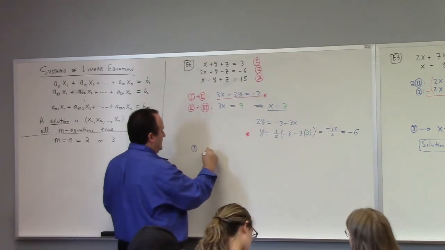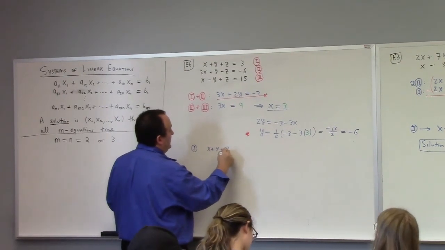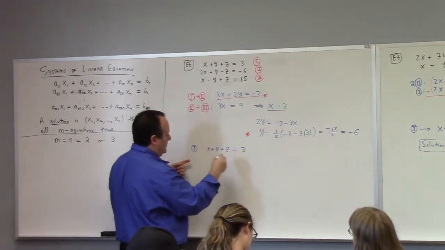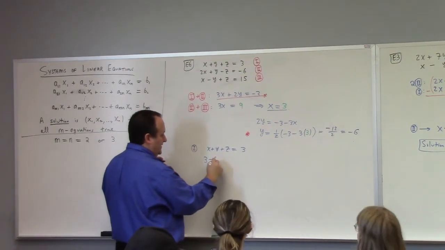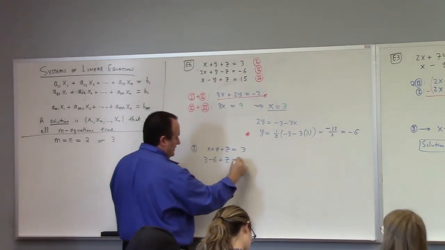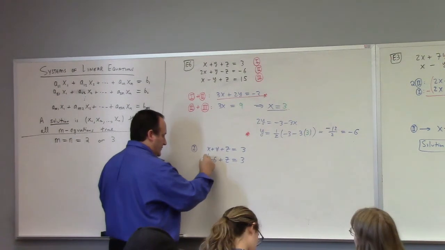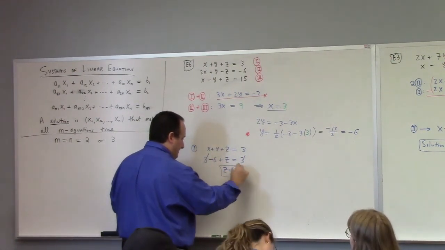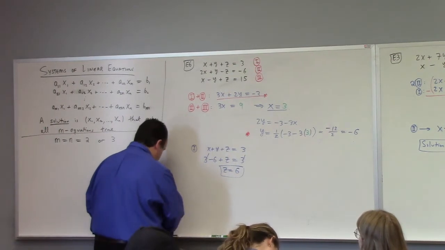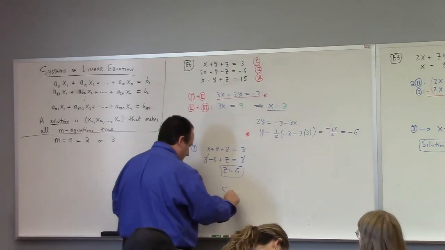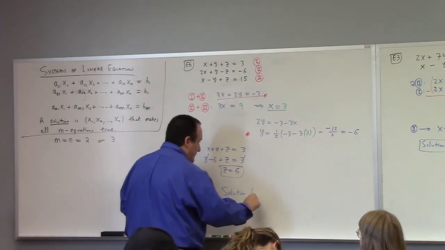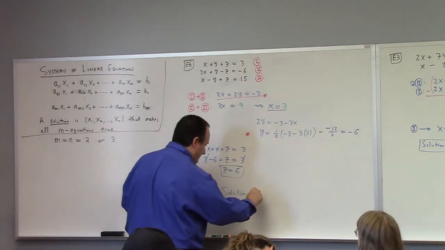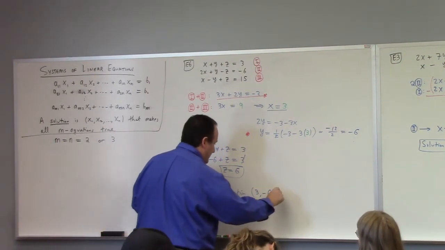Yeah, so we have x plus y plus z equals 3. Let me plug in what I know. 3 minus 6 plus z equals 3. So that means the 3's cancel, and we get z equals 6. So my solution is 3, minus 6, 6.